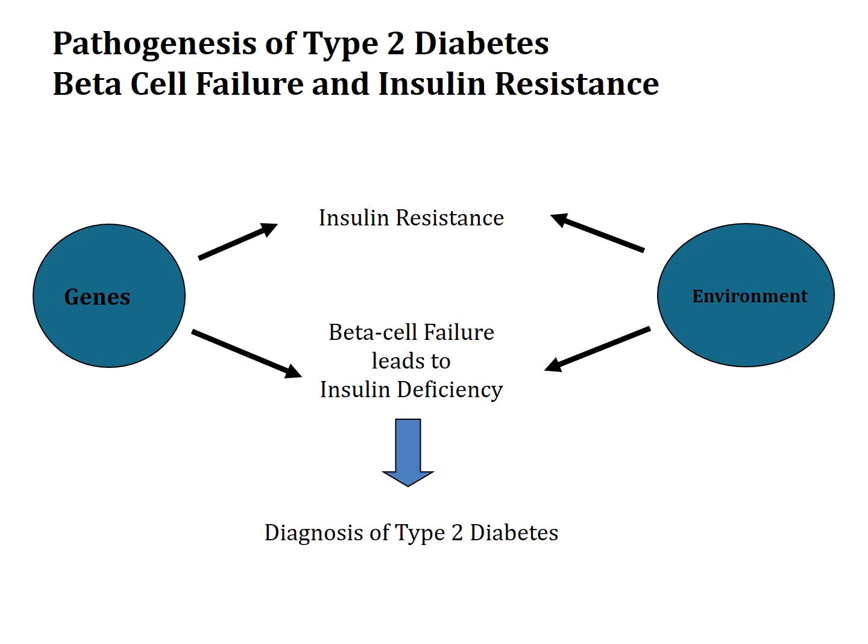The pathogenesis of type 2 diabetes is a little bit different. Genes and environmental factors certainly play a role, and we'll get into this a little bit more as we move on. The genetically susceptible individual with the acquired environmental risk factors, particularly weight, diet, and physical activity, leads to two problems.